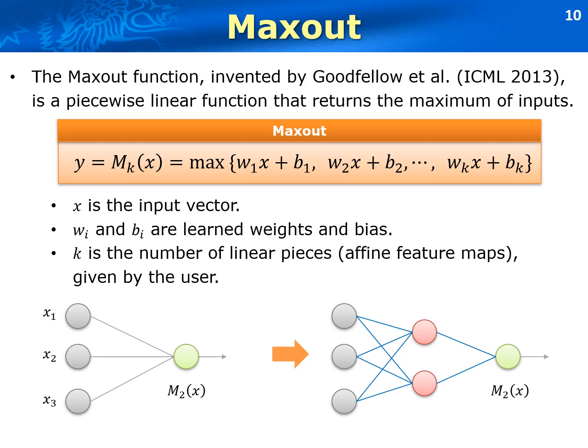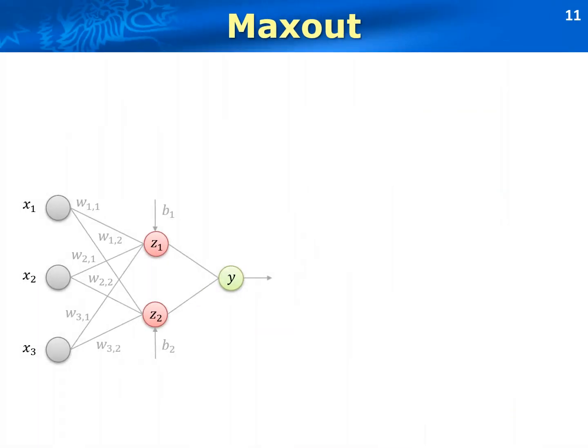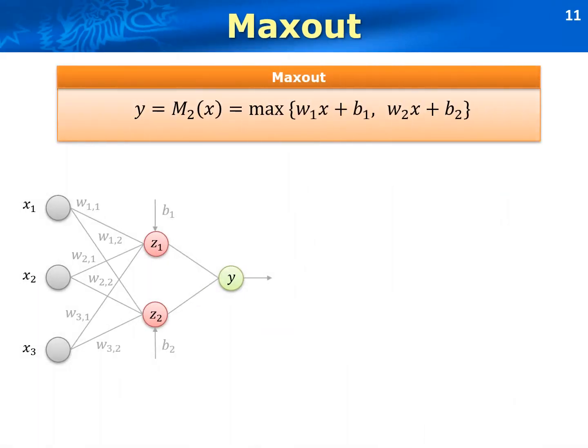To show how the output of maxout is computed, let me give you a small example. We set k equals 2 for maxout. Then, the maxout function takes the following form, which is the maximal value of two piecewise linear functions, w1 times x plus b1 and w2 times x plus b2.